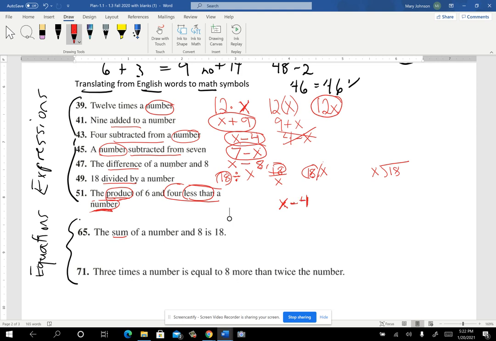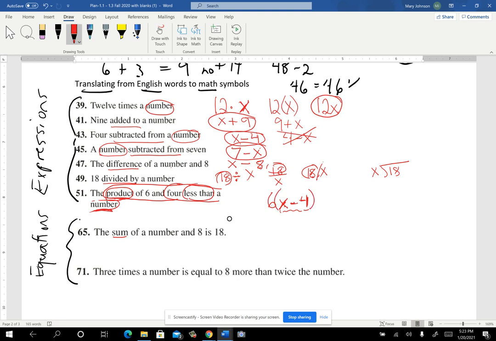Okay. Then we're going to back it up, and it wants the product of 6 and all of that. And you have to watch that. So if you wrote a 6 like that, that would be the product of 6 and x. But you need the product of 6 and all of this. So we're going to use parentheses around it like that.